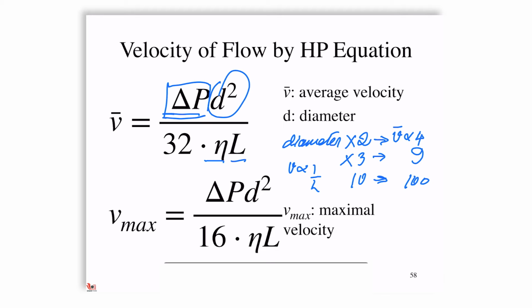The quadratic dependence on diameter is consistent between average velocity and maximal velocity, which is here.